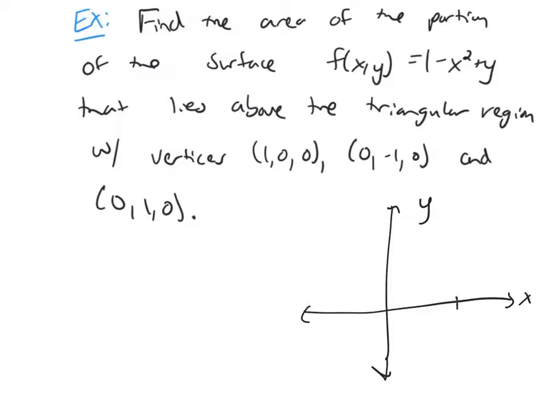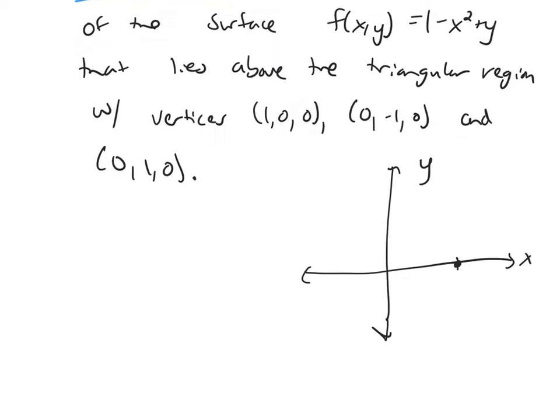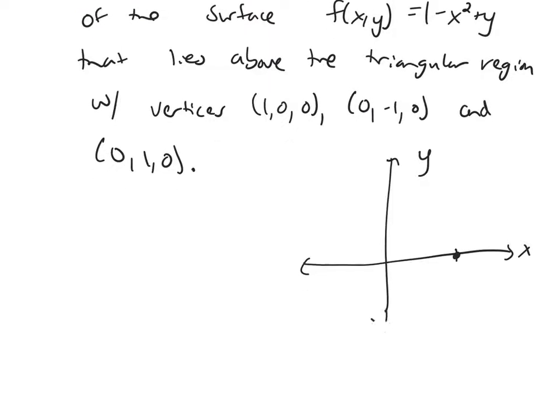So we get (1, 0), (0, -1), maybe I'll draw this a little bit lower here, and (0, 1). So this is my triangular region.